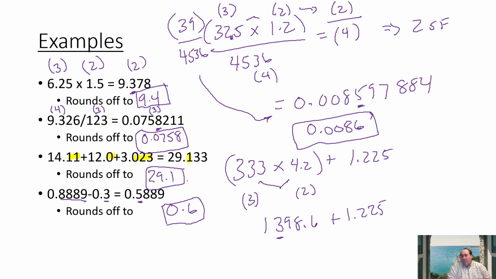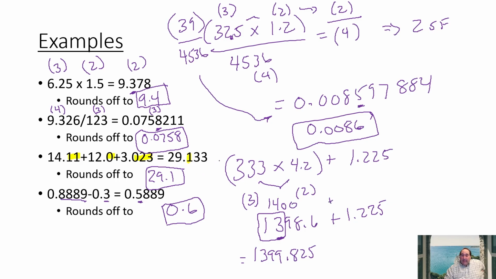I personally would not round at this point. I would actually take the whole number and then add it to 1.225. And that's going to give me on my calculator 1399.825. So how do I figure out where it should be? Well, I know that I should have ended this number here, which is basically 1400, right?